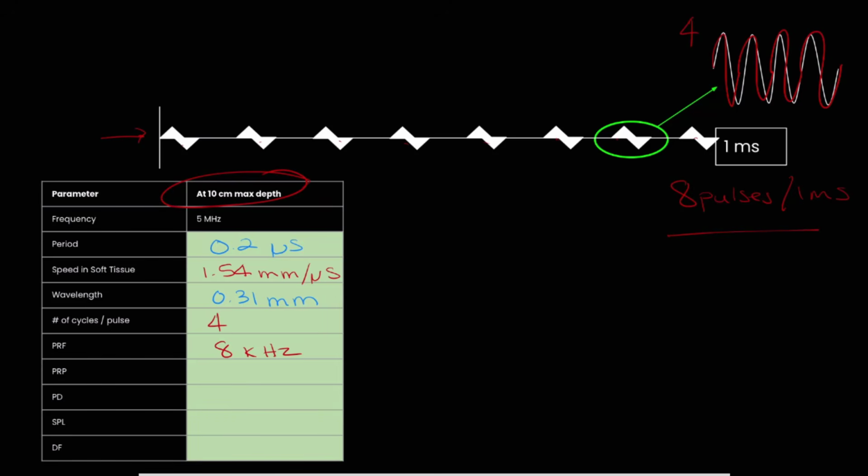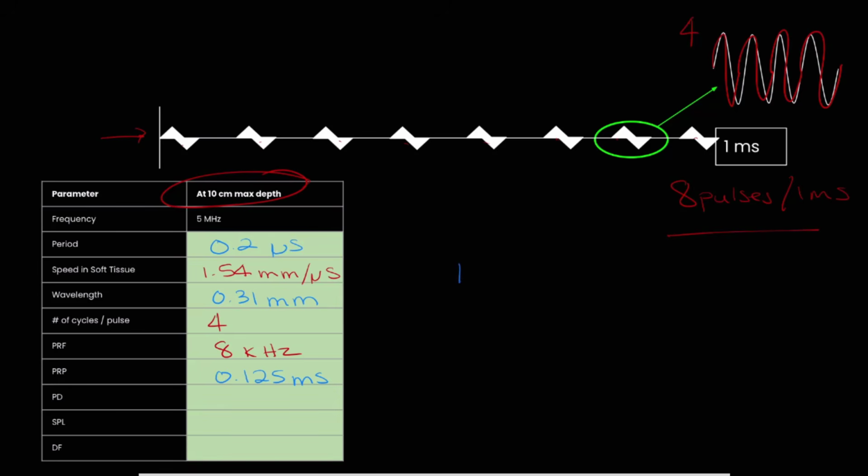We just have to take the time to figure out the pieces and plug our numbers in. Our next value down is the PRP. You can just use the reciprocal of the PRF. So 1 divided by the 8 kilohertz PRF gives me a pulse repetition period of 0.125 milliseconds. Next on our list then, we have pulse duration. Now pulse duration had a couple formulas for it.